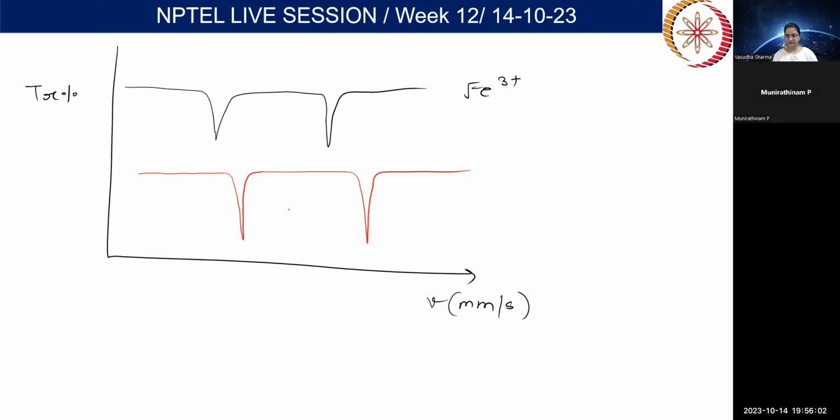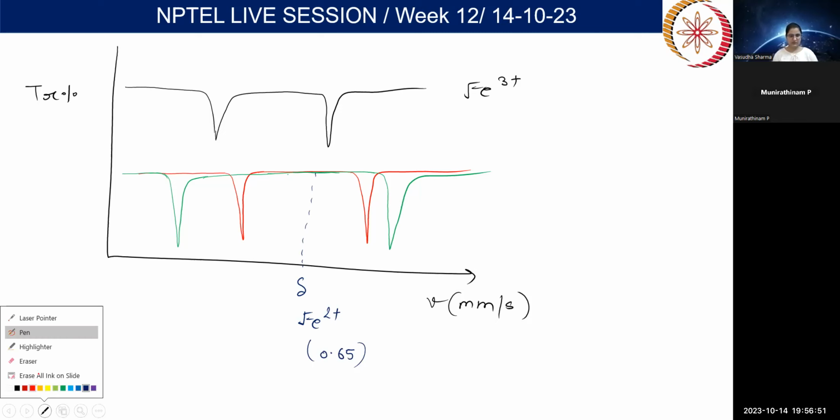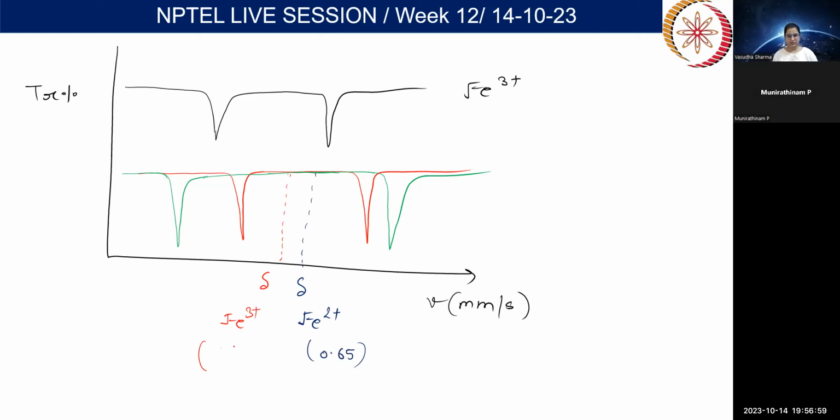And we have iron +2, so iron +2 would have its delta value here, which we said is 0.65, and the iron +3 delta value is 0.35, right?